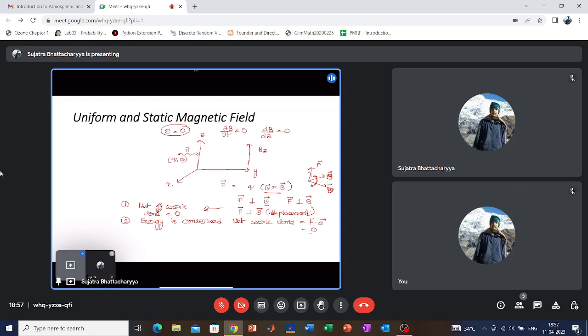Now we will derive the expressions for Vx, Vy and Vz.